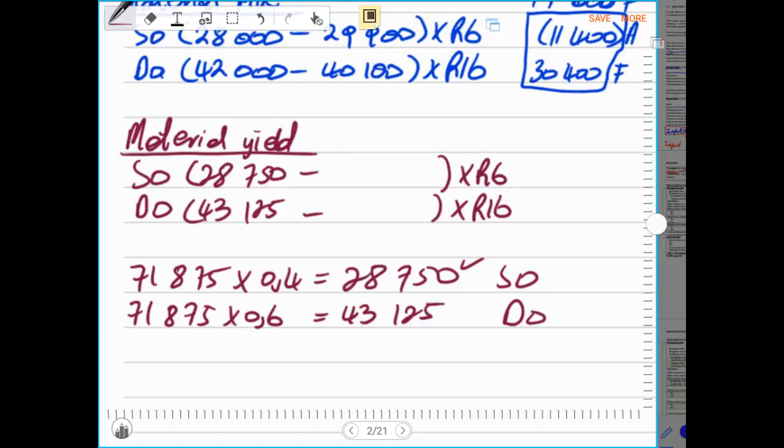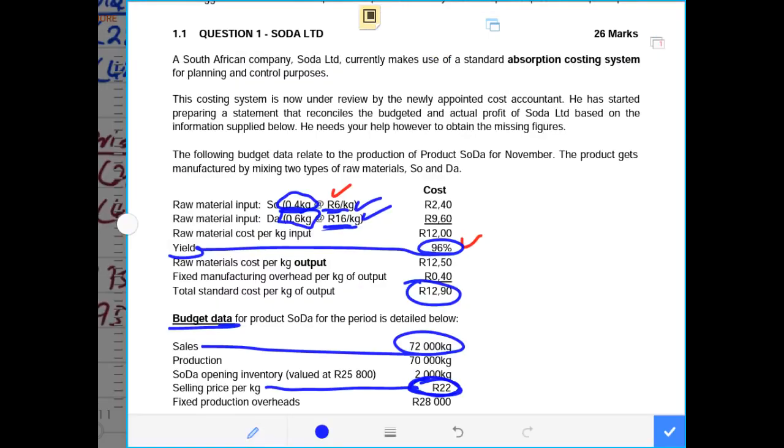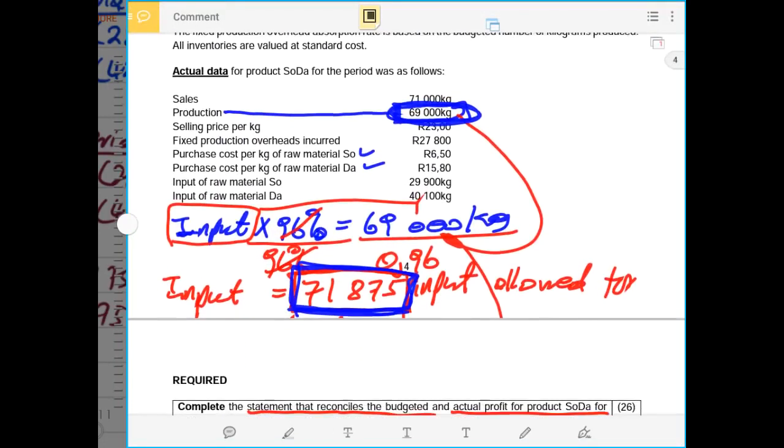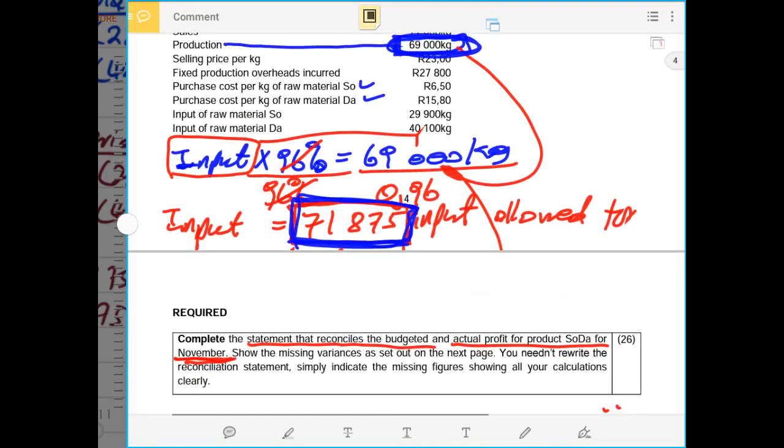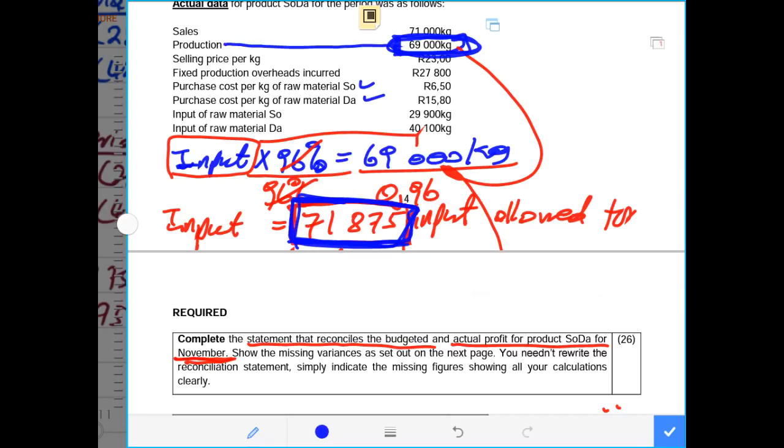So now we go again to the standard information. We have compared the input allowed for the actual yield. Input allowed for the actual yield. This is what we need. Therefore this is the input allowed for actual yield.